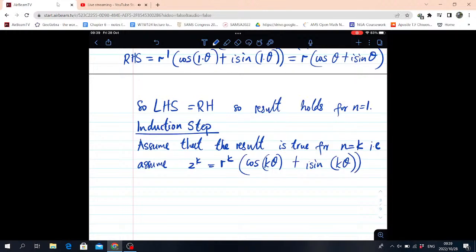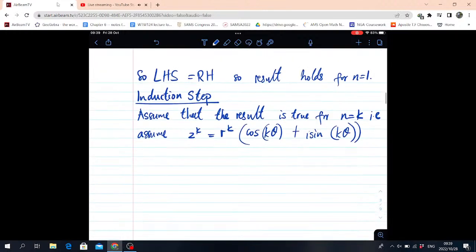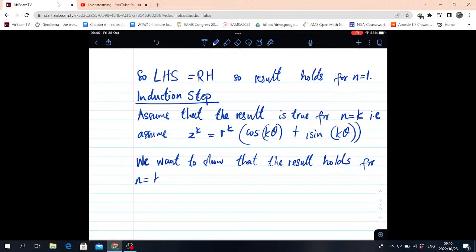Now we want to check if it is going to be true for n is equal to k plus 1. So what do we want to do? We want to show that the result holds or is true for n is equal to k plus 1.